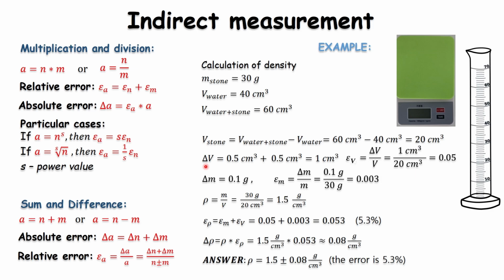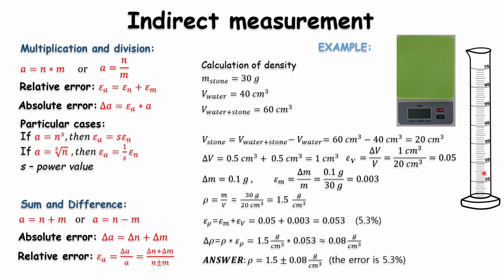Now let's calculate the absolute error of the volume. Since we use this subtraction, we need to use this equation. As you remember from the previous slide, I mentioned that to calculate the absolute error of a scale, we need to divide the minimum scale division by 2.